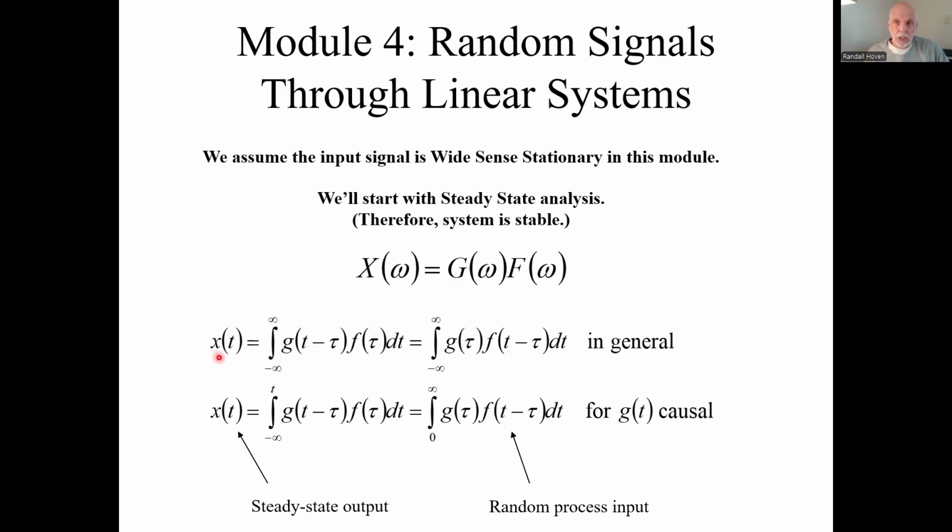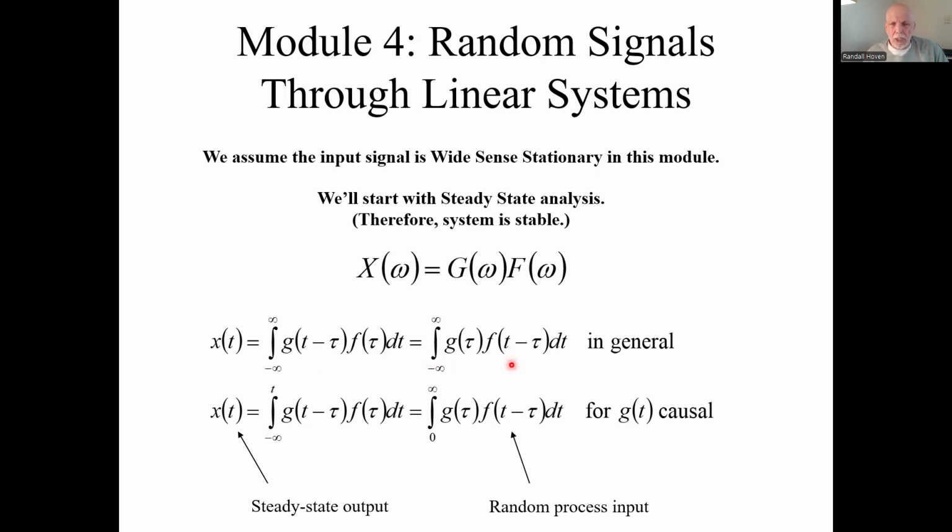So the output in steady state, and now this X means steady state output, not the true overall output, only in steady state, is this convolution, and since convolution is commutative, we could express it either way.